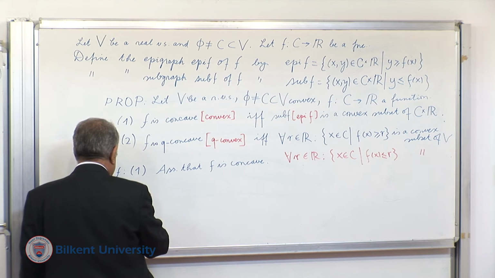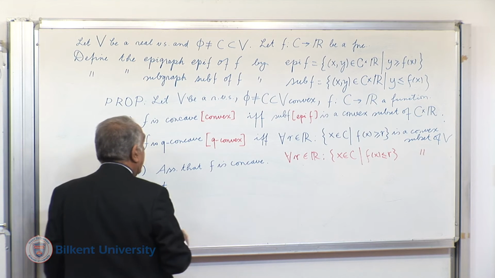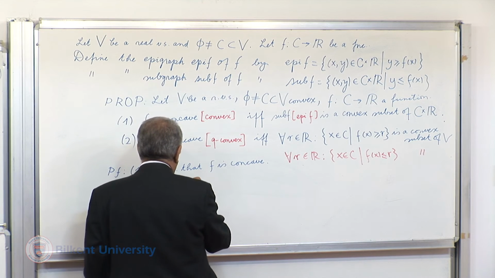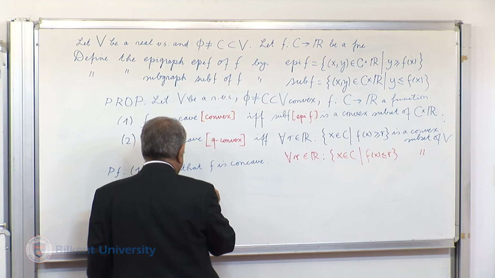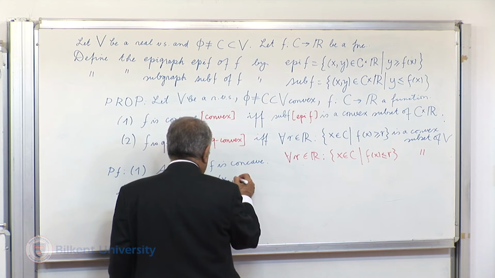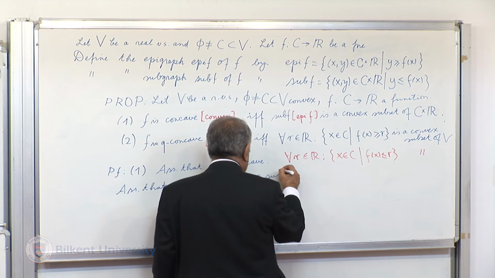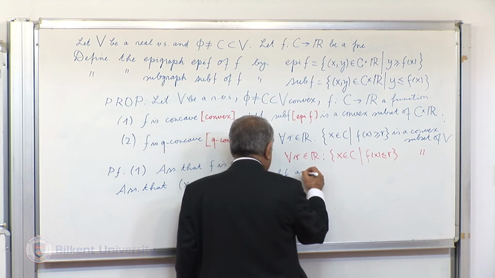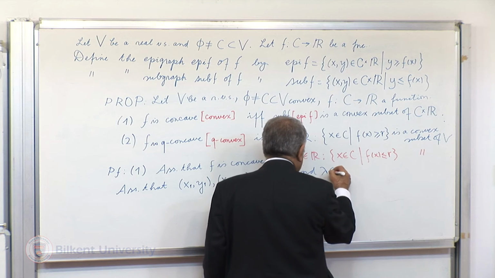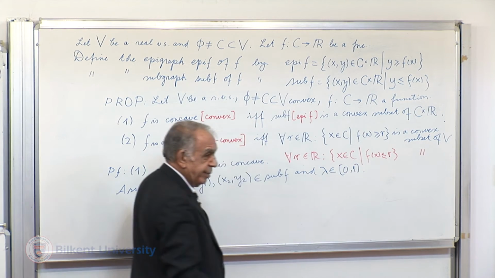So assume that x1, y1, x2, y2, that these belong to the subgraph of f and lambda is in 0, 1.